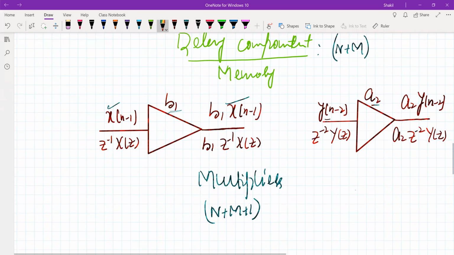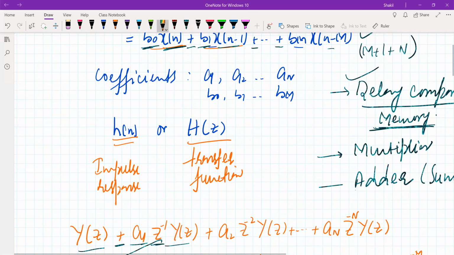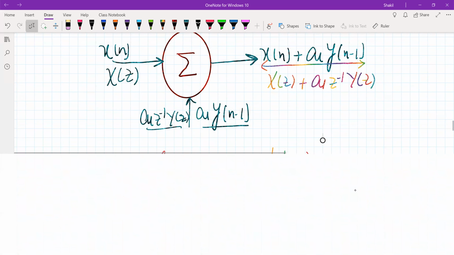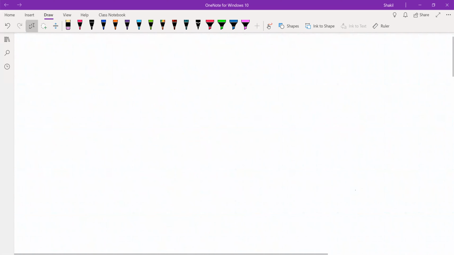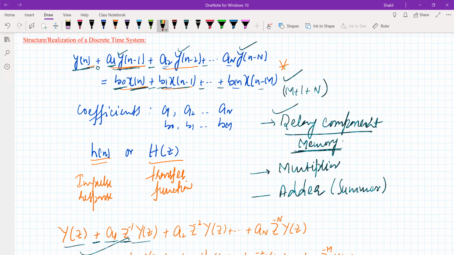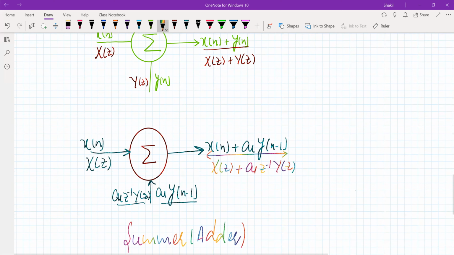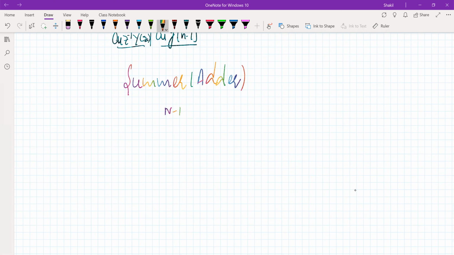How many adders or summers are used here? If we go back to the difference equation, how many adders are used here? 1, 2, so on up to it will be n minus 1 actually. Then there are m summers here, I think. Please check it. So the number of summers will be n minus 1 plus m summers. So this is the total number of summers that will be required to realize this nth order difference equation.